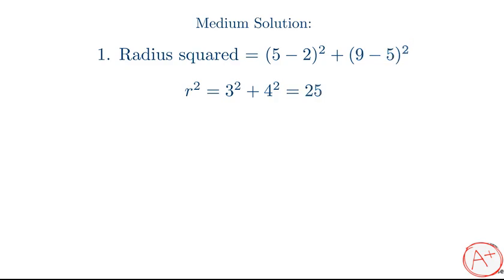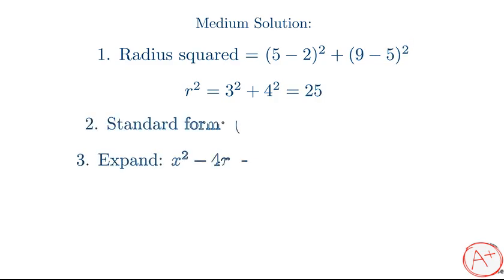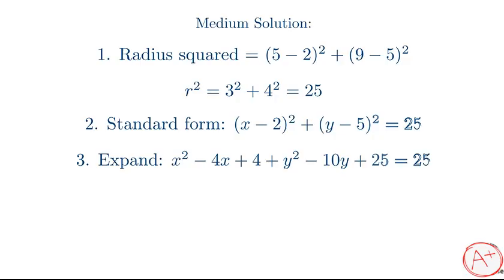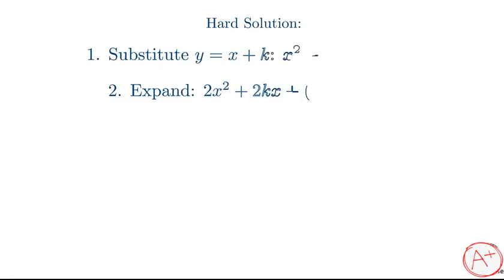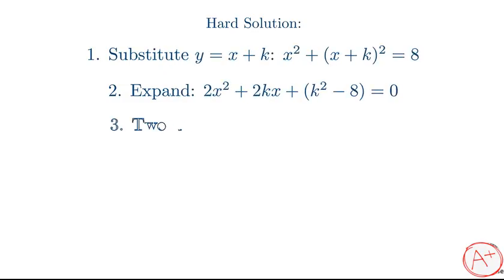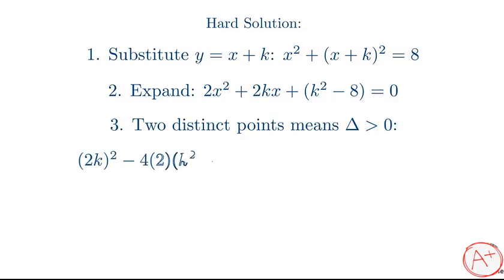Then, we write the standard form and expand it. Notice the terms cancel out, leaving plus 4 as the constant. For the hard question, 2 distinct points of intersection require a positive discriminant. After substituting and simplifying the quadratic, we solve the inequality for k. Remember that when dividing by negative 4, the inequality sign flips.